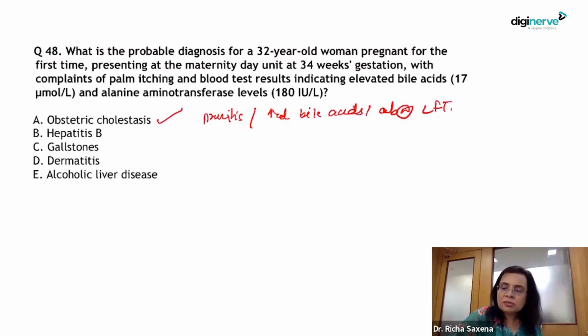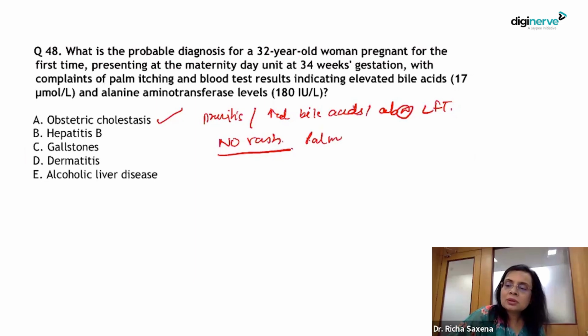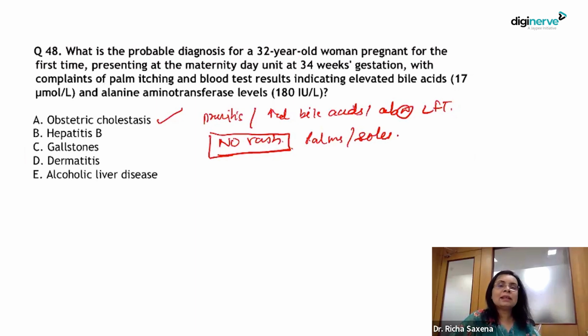A characteristic feature of obstetric cholestasis is that there is no rash, but there is intense pruritus or itching in the palms and soles. So this is important because there might be a question which particularly says that there is a rash or there is no rash. So you will be able to make out what the condition is based on that.